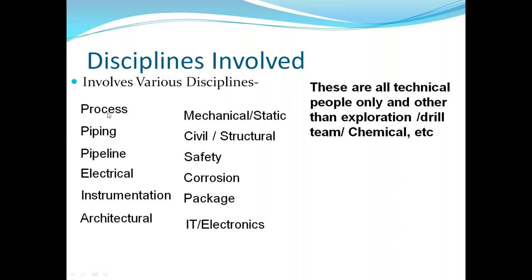Unfortunately, process engineering and piping engineering is not famous in India, and hardly one or two universities give these courses, pipeline also. If you go abroad, generally they have a separate BE course for process and piping. And also electrical, instrumentation, architectural, mechanical, civil, structural, safety, corrosion, package, and IT electronics. All these engineering departments are required to build these structures.